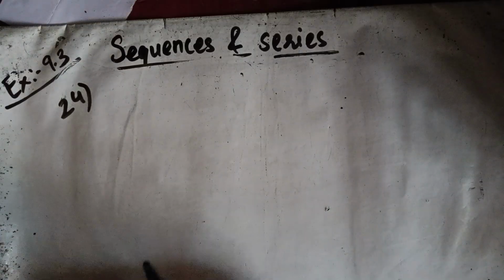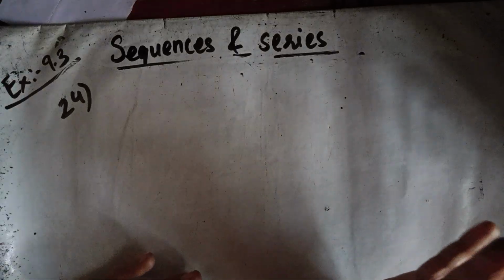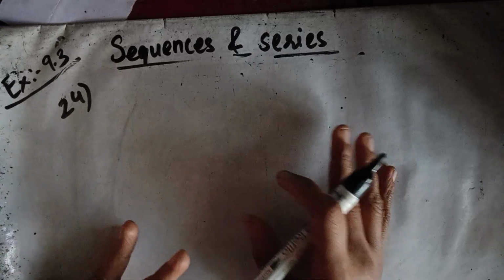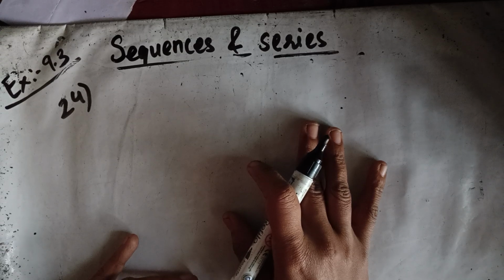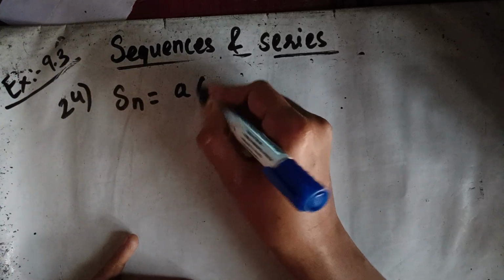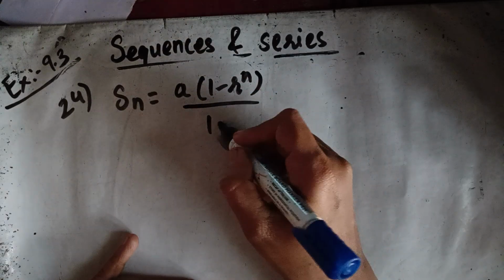Question 24. Show that the ratio of the sum of first n terms of a GP to the sum of terms from n plus 1 th to 2n th term is 1 upon r raised to n. Okay. Sum of first n terms of a GP is a into 1 minus r raised to n upon 1 minus r.